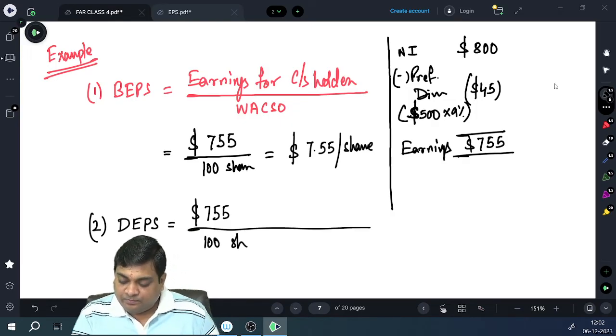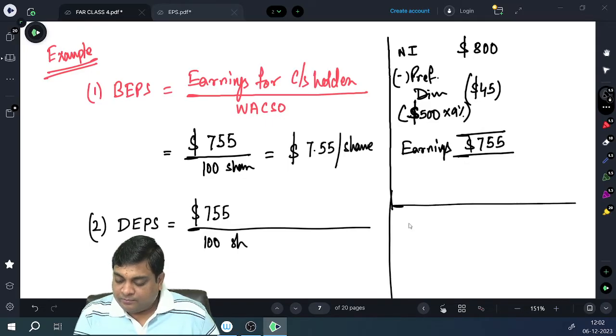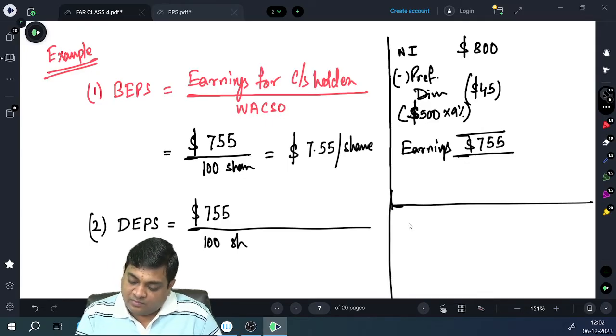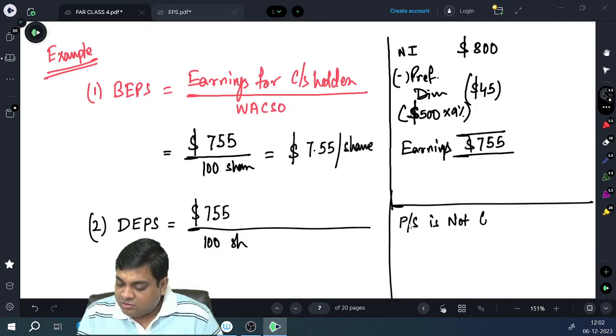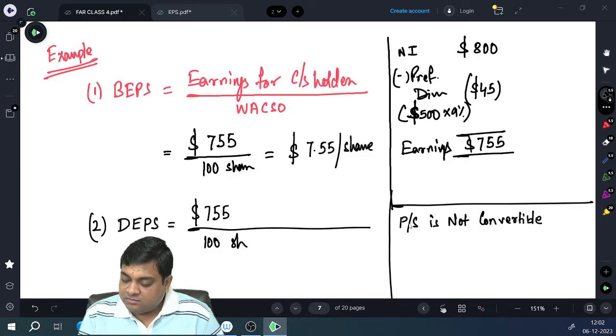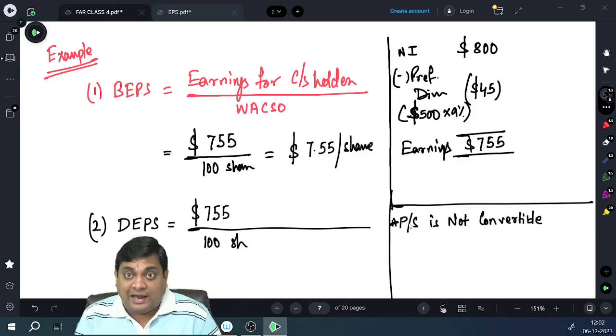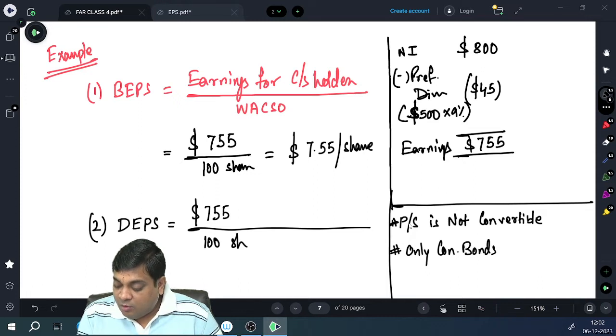Now preferred stock is not convertible, right? So we are not going to consider it for diluted earning per share. Only convertible bonds will be considered.